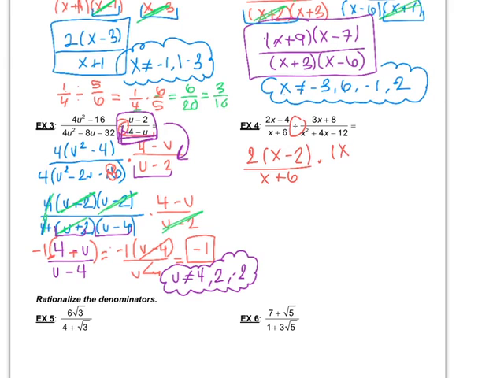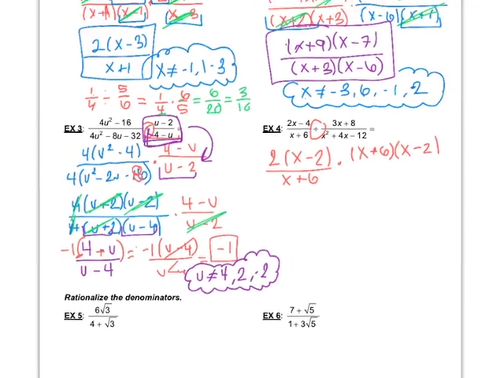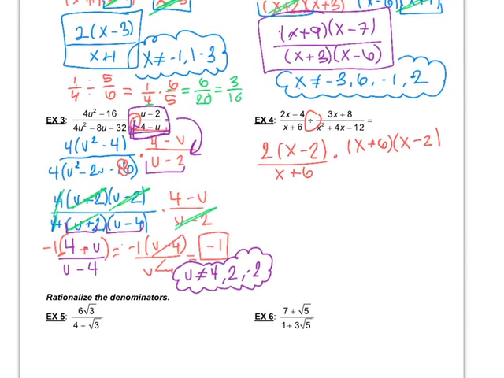That would be x minus 6 times x plus 6 times x minus 2, divided by 3x plus 8, which is just 3x plus 8.